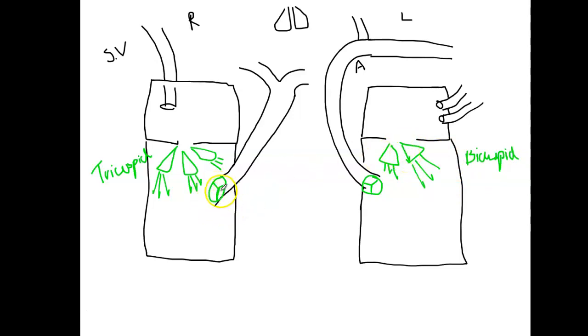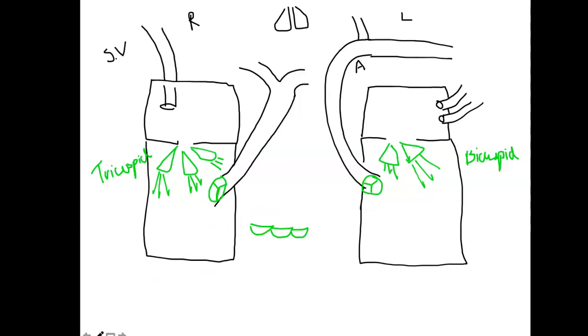And these 2 here, 1 and 2, they are semi-lunar valves, because really in a different view they look like little half moons like this. If you were to line them up, they look like this when you open them up. So they look like little moons that allows blood in one direction and not backwards. So they're called the semi-lunar. So this is the pulmonary semi-lunar, write it down, and aortic semi-lunar valves.